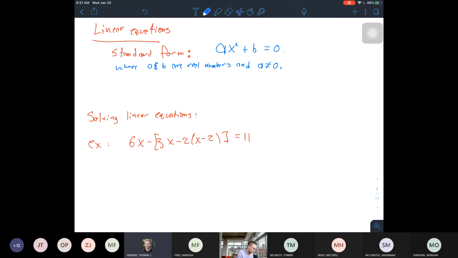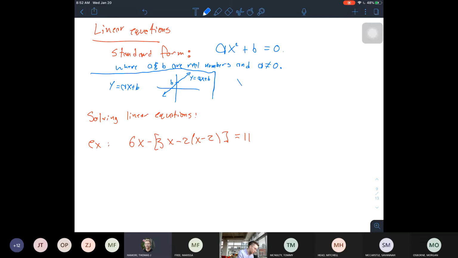The reason we call it linear is because if we were to graph the equation y equals ax plus b, it would be a graph of a line with slope a and y-intercept b. Here's y equals ax plus b. But that's just to help you remember why we call it a linear equation.